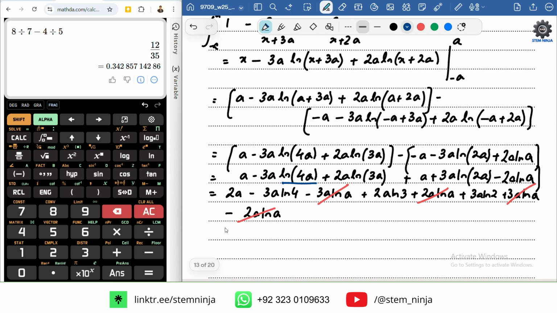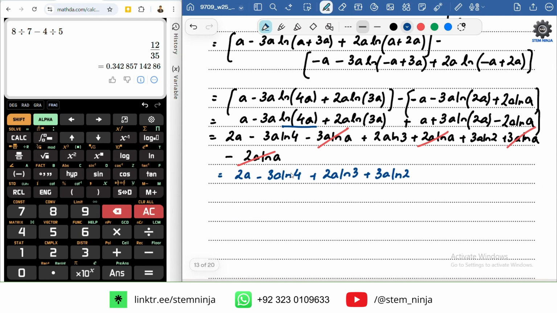Right, okay, so you have 2a minus 3a ln 4 plus 2a ln 3 plus 3a ln 2, right? ln 4 can be written as 2 ln 2, so we can write it as 6 ln 2.